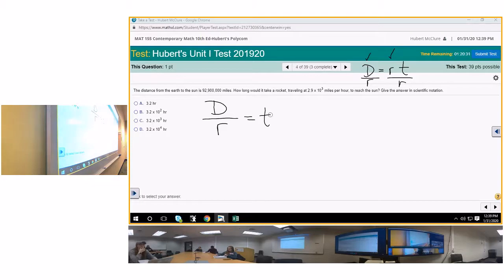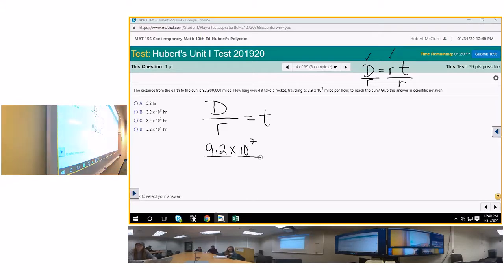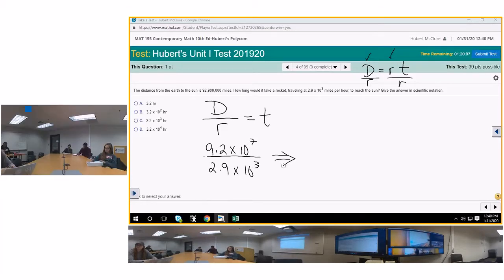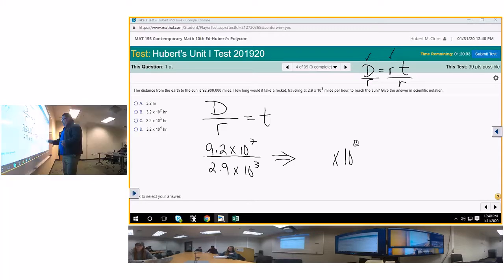So my distance is 9.2 times 10 to the what? 7th power? Divided by 2.9 times 10 to the 3rd power. And somebody do that on your calculator, times 10 to the 4th power.